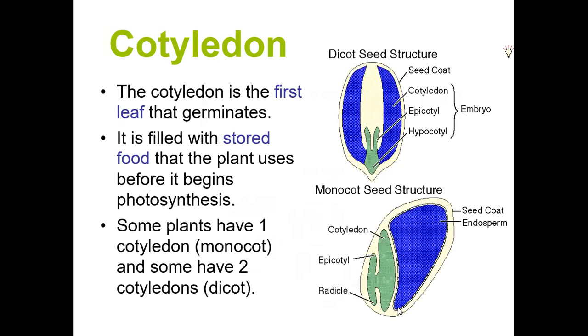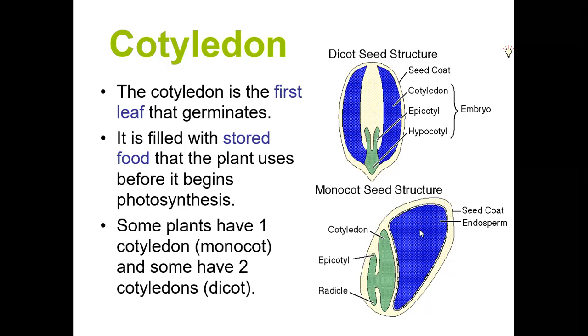Now, cotyledon, look here. You can see here one example of maize, monocot, and another dicot seed structure. Cotyledon is the first leaf that germinates. Look, this one part, another part.